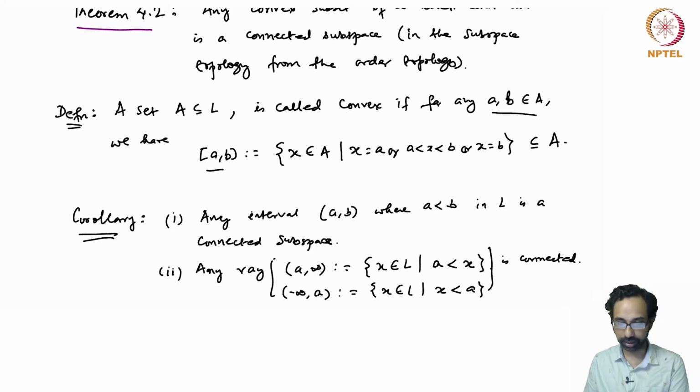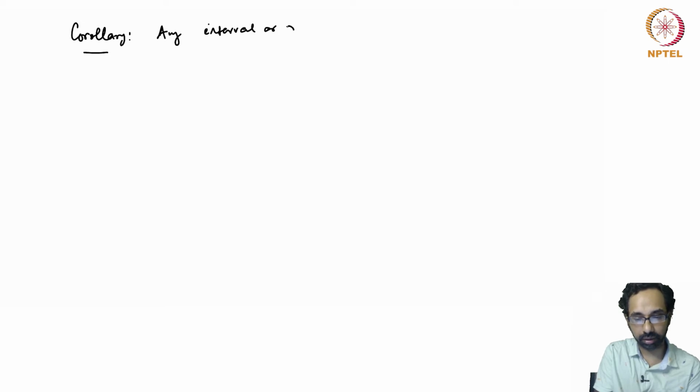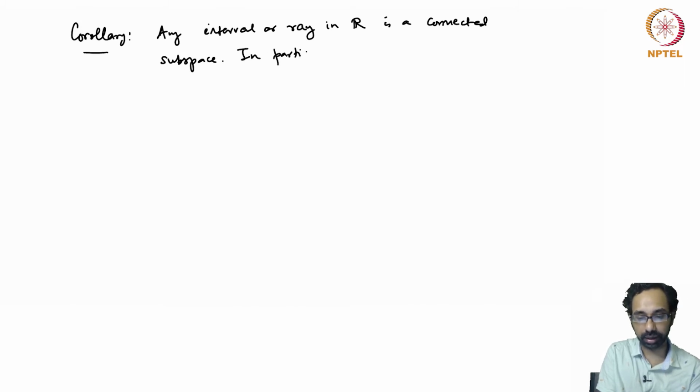And we have already seen that a consequence of this corollary is that any interval or ray in the real line is a connected subspace, and in particular R itself is connected.